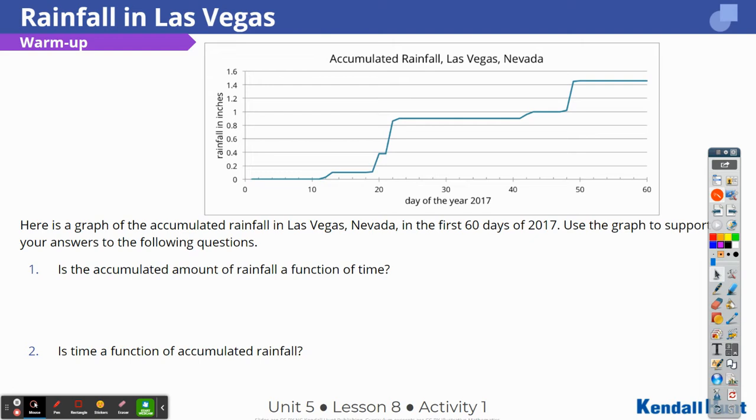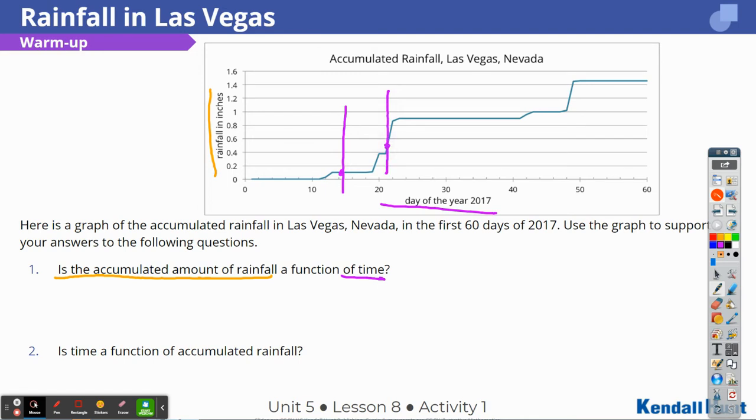So we need to look at the data shown in the graph, and it's saying the accumulated amount of rainfall is a function of the time. So we have y is a function of x here. So time is on our x-axis. And so the way that it is shown, if I draw a vertical line, this graph would pass the vertical line test at any given point.